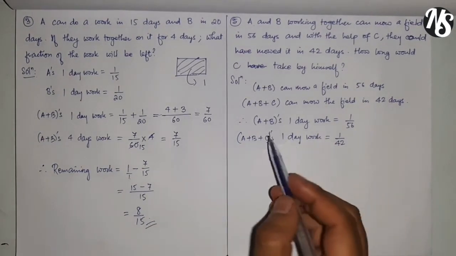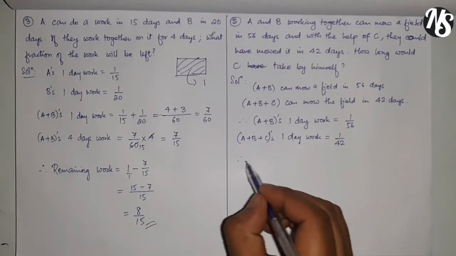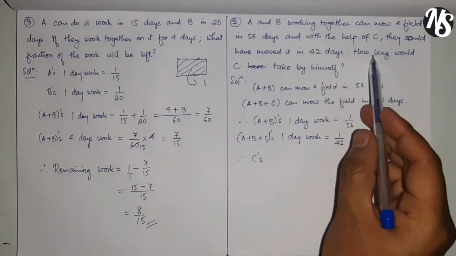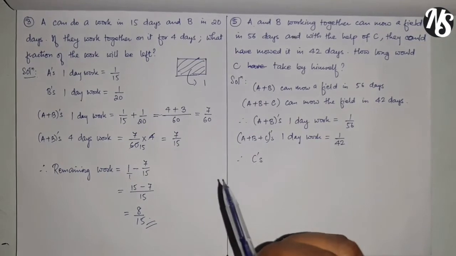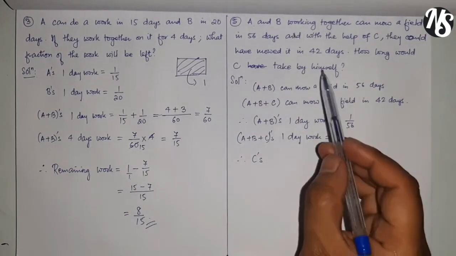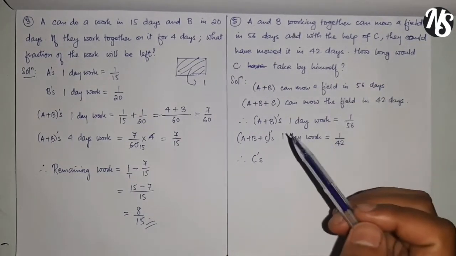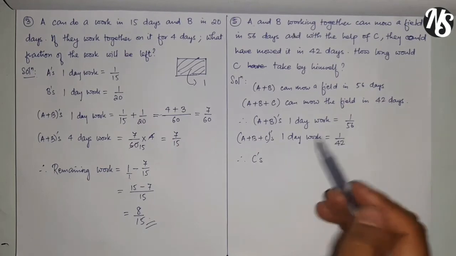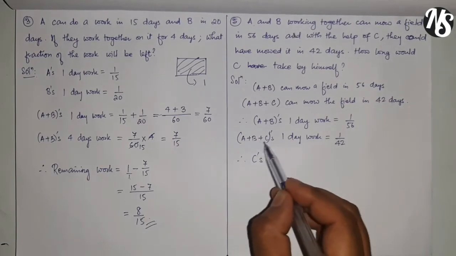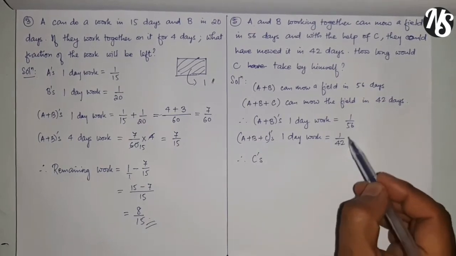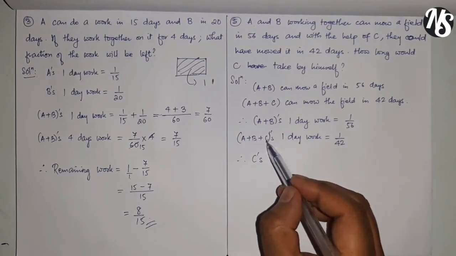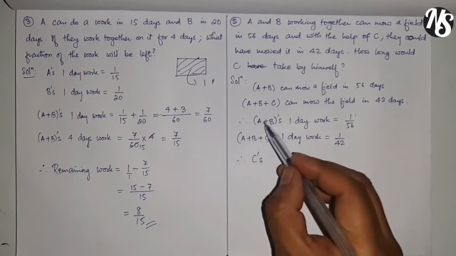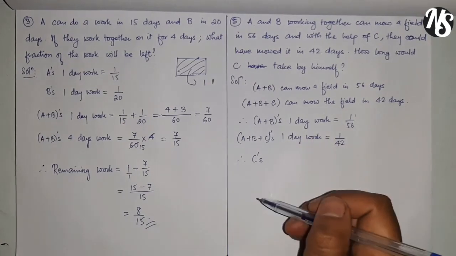Now let's find C's 1 day work, because the question is asking how long would C take by himself. That means if C works alone, how much work will be done. Now this contains the contribution of A, B and C, and this contains only the contribution of A and B.